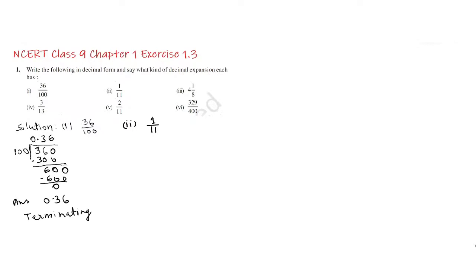1 upon 11. So we solve like this. We divide 1 by 11. We put the decimal first and carry 0. And we still find that 10 is less than 11 and it cannot divide. So we put 0 in the quotient part and carry 0 again.